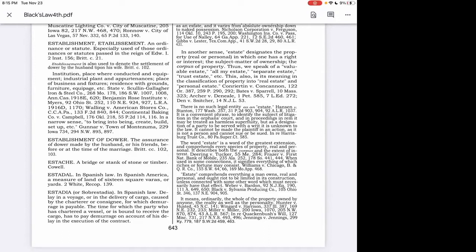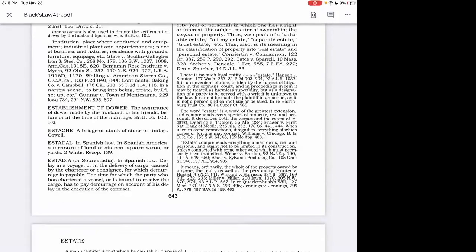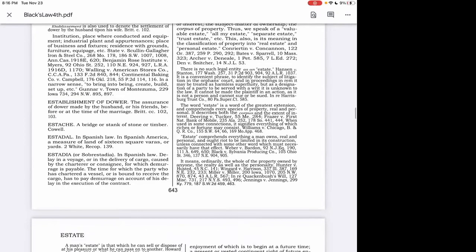Estate comprehends everything a man owns, real and personal, and ought not to be limited in its construction, unless connected with some other word which must necessarily have that effect. It means ordinarily the whole of property owned by anyone, the realty as well as the personal.